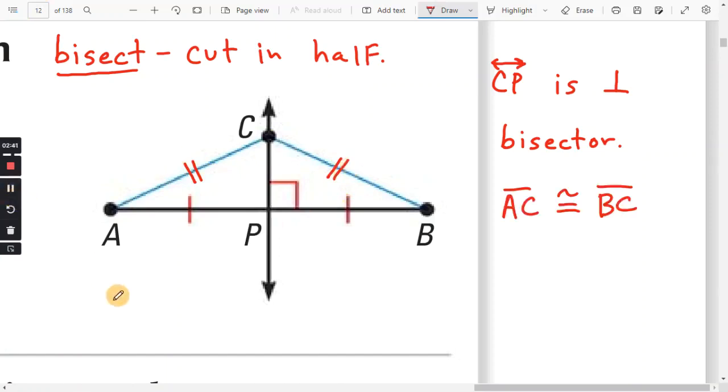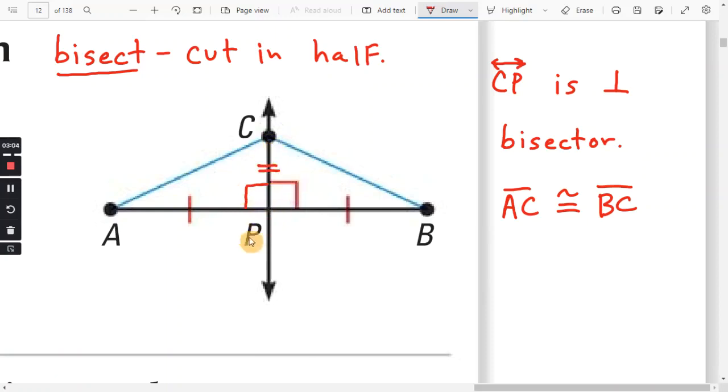All right, and there's a simple reason that that's true. Let's say we didn't know those blue segments were congruent. We can still prove these triangles congruent. If there's a right angle here, then there's a right angle here as well. And this side right here is shared by both triangles, so I can mark that congruent.